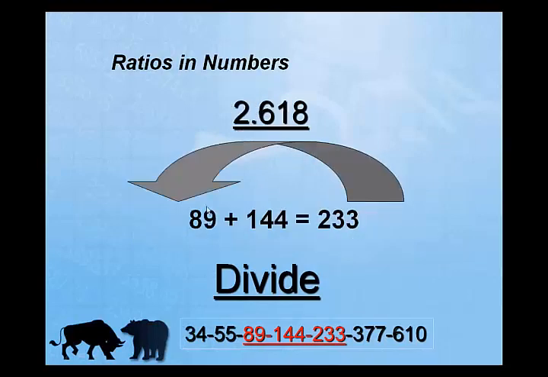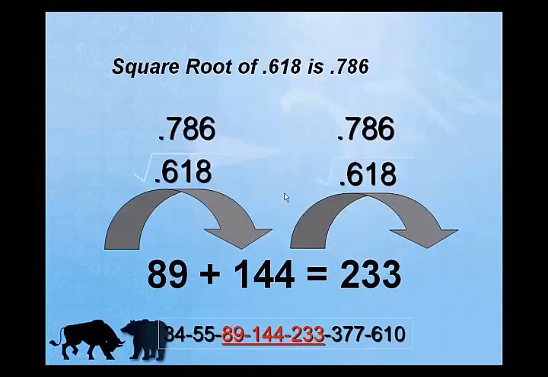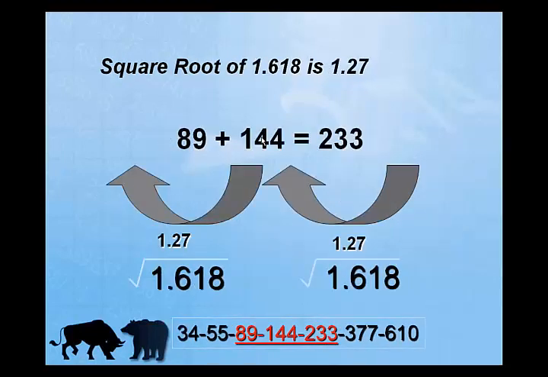When I jump it the other way, 233 divided by 89 gives me 2.618. And when I take the square root of 0.618, it gives me 0.786. And when I take the square root of 1.618, it gives me 1.27.